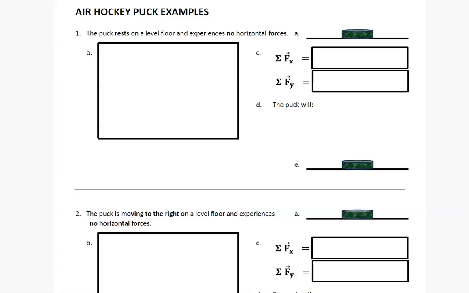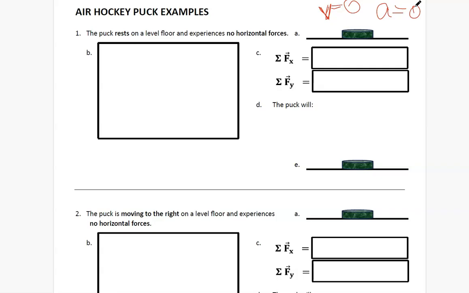It's just sitting there vertically. It's not moving. Okay, but in this case, the puck is resting. So we know its horizontal velocity is zero. And it's not accelerating, obviously. So that's also zero.